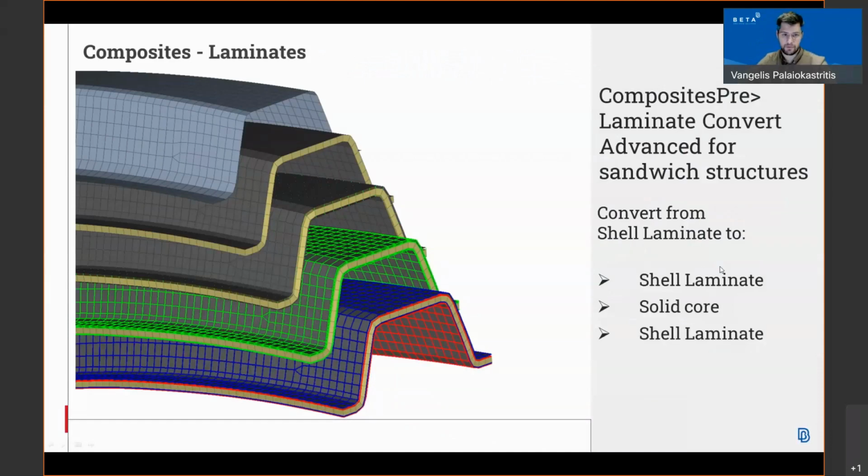Starting with the Laminate Convert Advanced plugin, we have a new structure type that is supported. This is the sandwich structure. Selecting this type of structure will convert the cell laminate into a cell, solid, and cell structure that will simulate the sandwich.